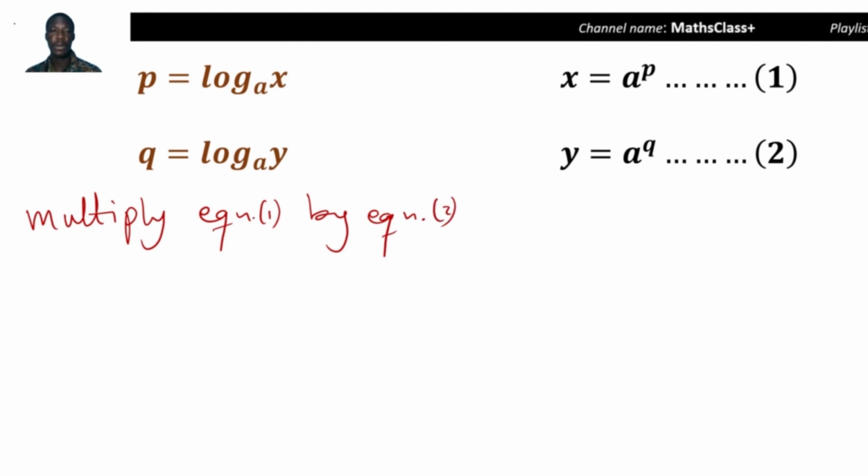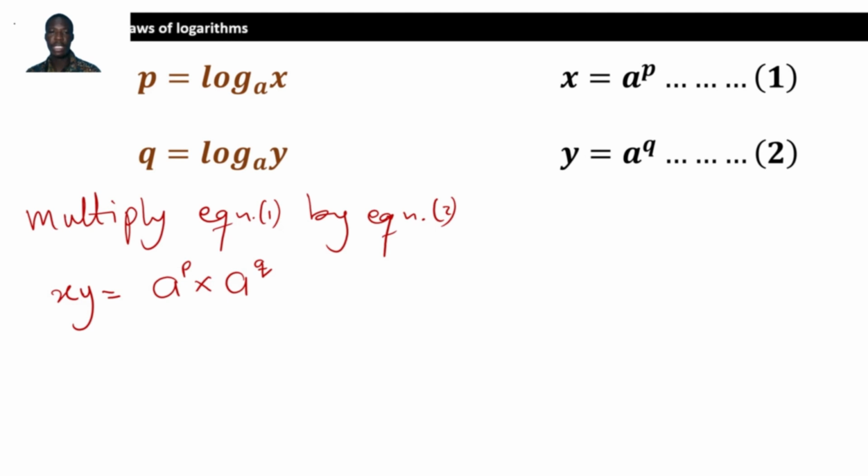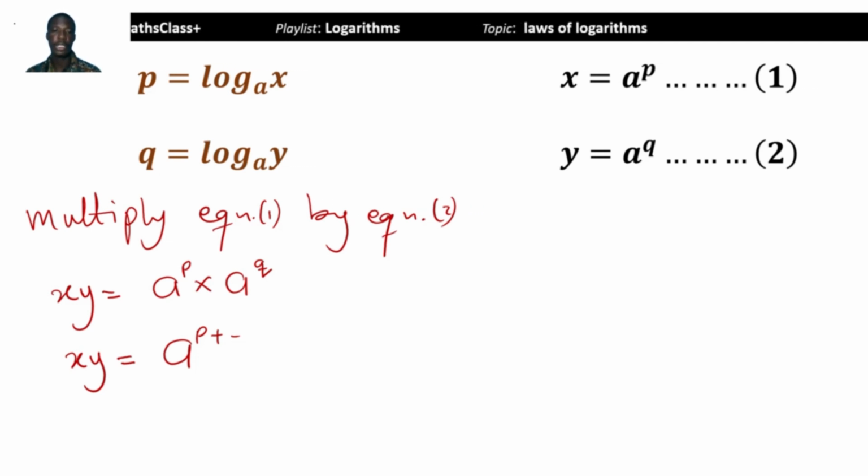If that happens, I'll get xy is equal to a to the power p multiplying a to the power q. Okay, now back to indices. A to the power p multiplying a to the power q. They have the same base. You know what should happen, right? So xy should be equal to a to the power p plus q. I hope you've not forgotten this.